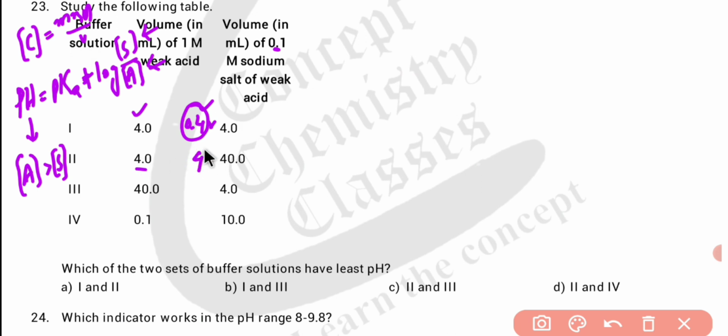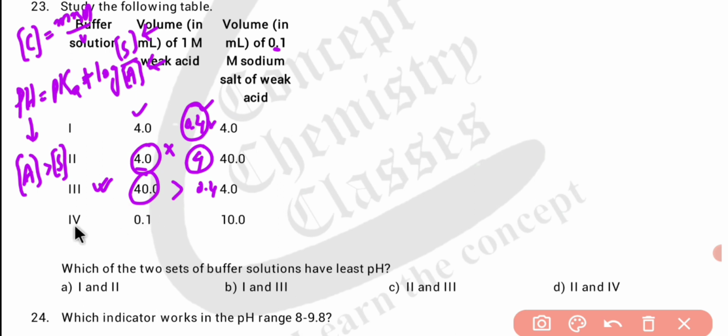So 4 and 4 are equal, so this cannot be the option. The third one: acid is 40, and the salt is 4 into 0.1, which is 0.04. So 40 is greater than 0.04, so the third buffer solution will have the least pH.